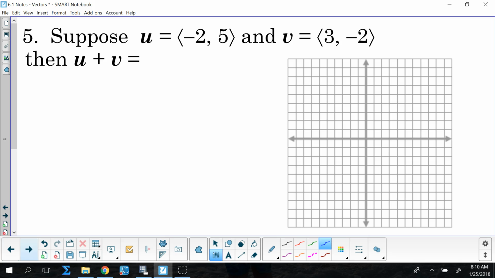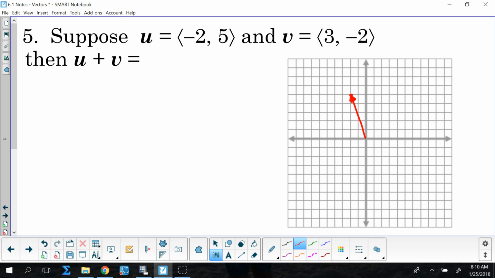Okay, did I skip one? No, I didn't. So suppose u is equal to negative 2, 5, and v is equal to 3, negative 2. Let's put u on there, in red. So negative 2, 5 goes way up there. And remember, you can't just draw a segment.